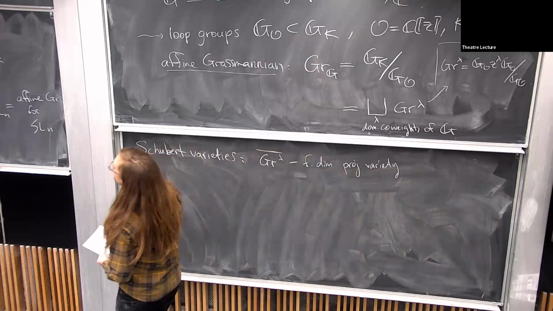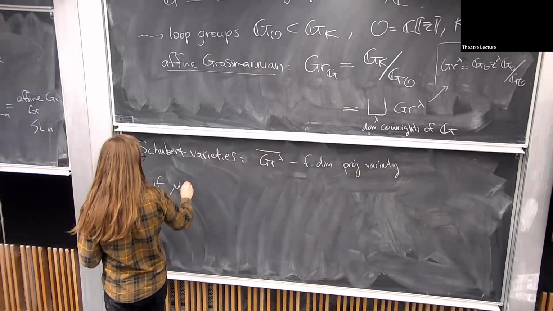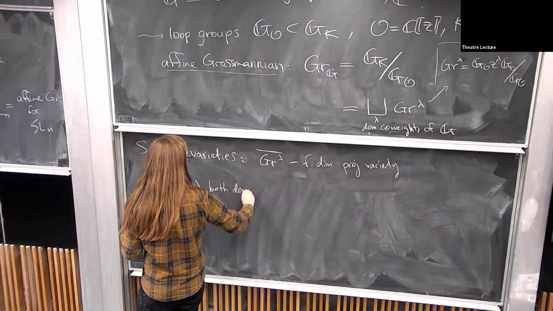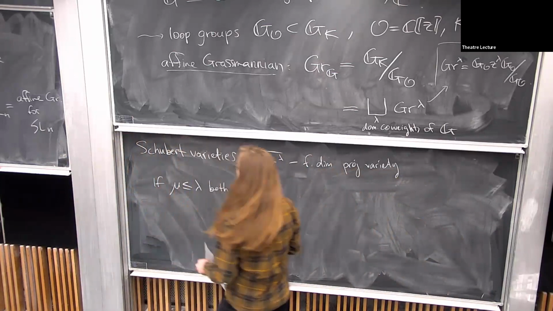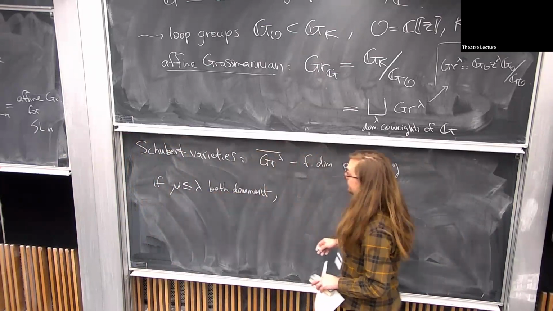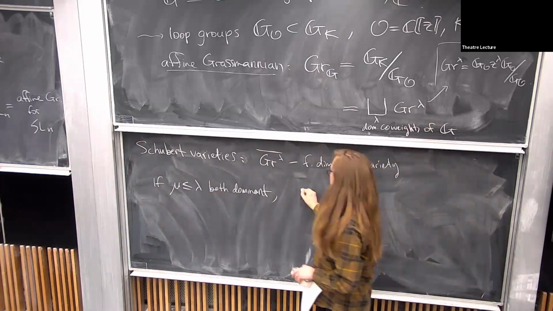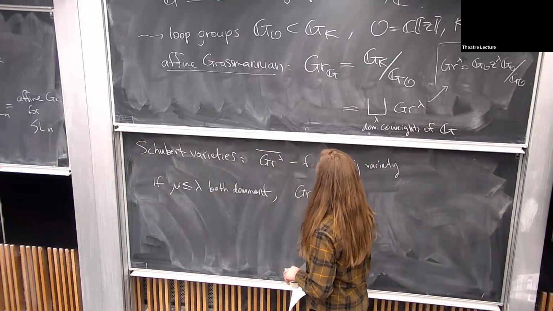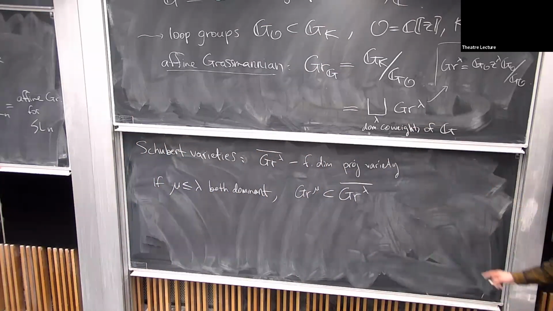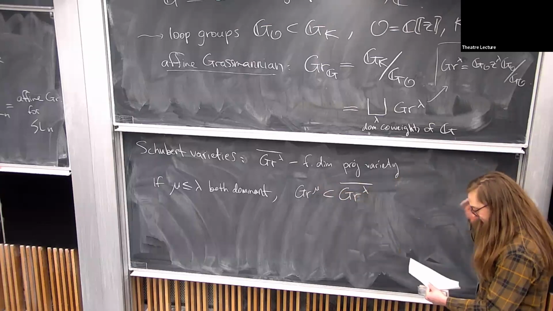So the final piece to match this notation all together is if I take two such things. If I take two dominant co-weights where one is bigger than the other in the dominance order, which, if you don't know what that is, you could say is just the closure order. Then, for example, Gr^mu will live inside Gr^lambda bar. And we can try to form a transverse slice to this inside here.